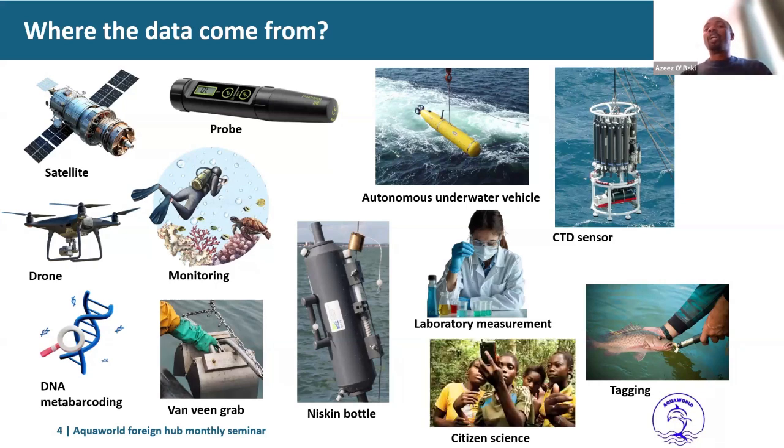You can also have citizen science. This is what we are concerned about: you don't need all these gadgets or equipment before you take data. You can just go to the water body and ask people around some questions, or you yourself can devise what you want to measure, the parameters you want to take, and the information you need. So that can also be a source of data.